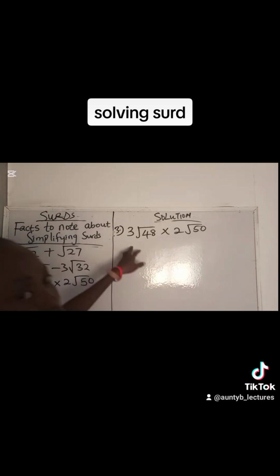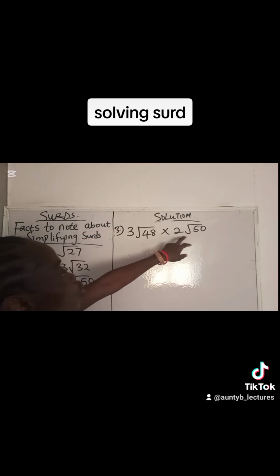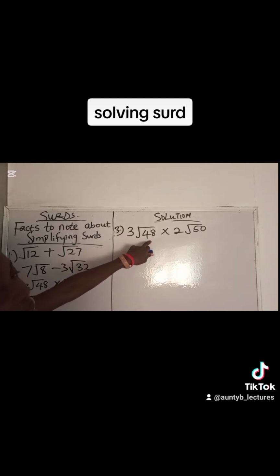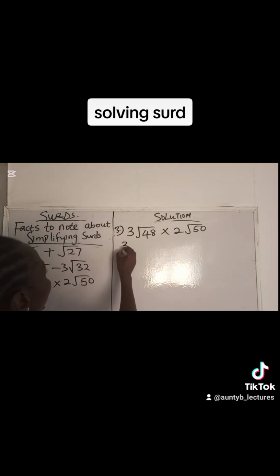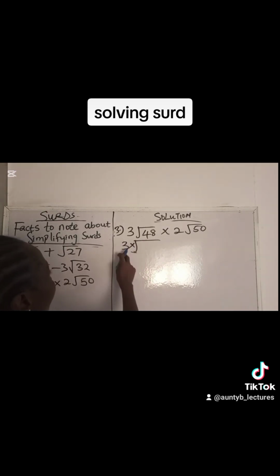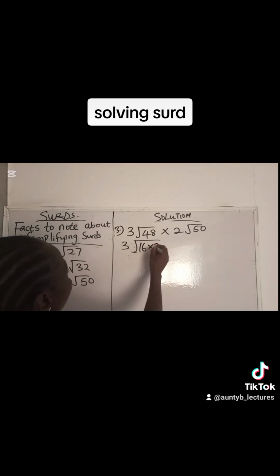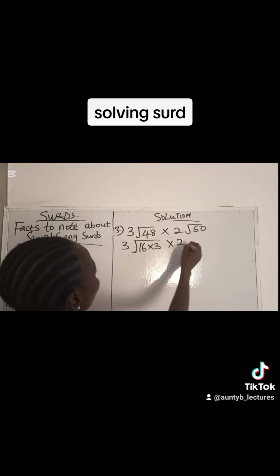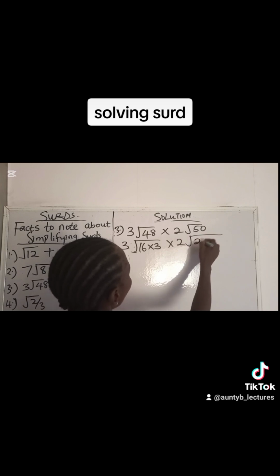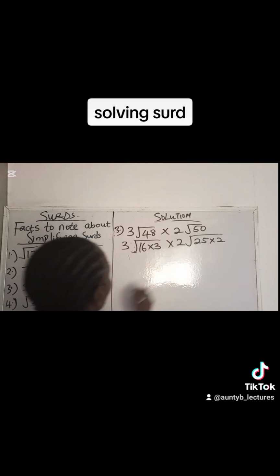Question number 3. We have 3 root 48 times 2 root 50. We are looking for two factors we multiply together that will give us 48, and one must be a perfect square. 16 times 3, and for 50 the two factors are 25 times 2.